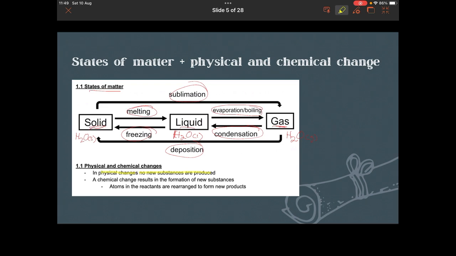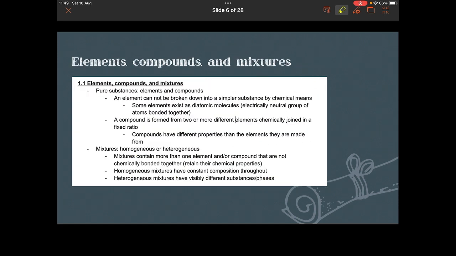Nothing new is being formed. Whereas in a chemical change, there is a formation of new substances. So in the reactants, the bonds within the molecules are broken down and new bonds will form to form new products. So atoms are rearranged in that process, and that is physical and chemical change.